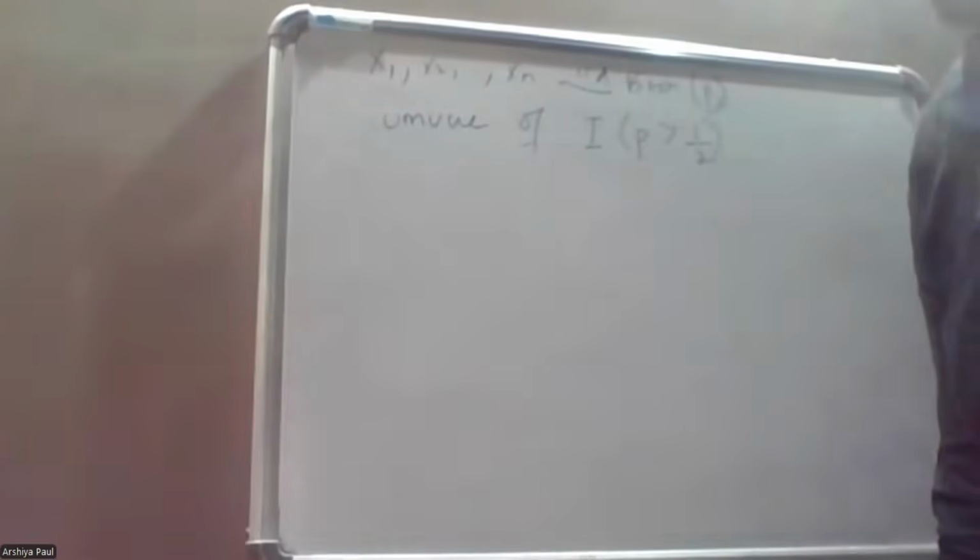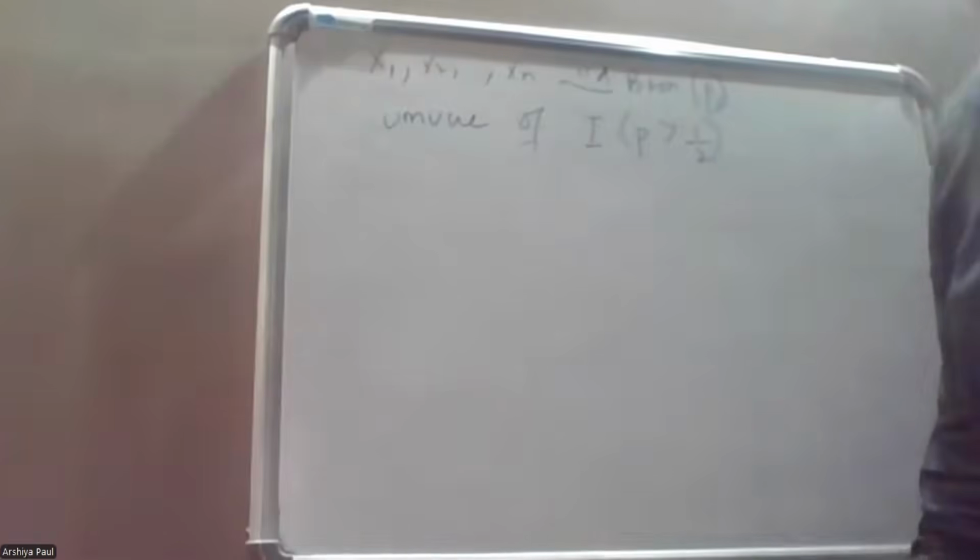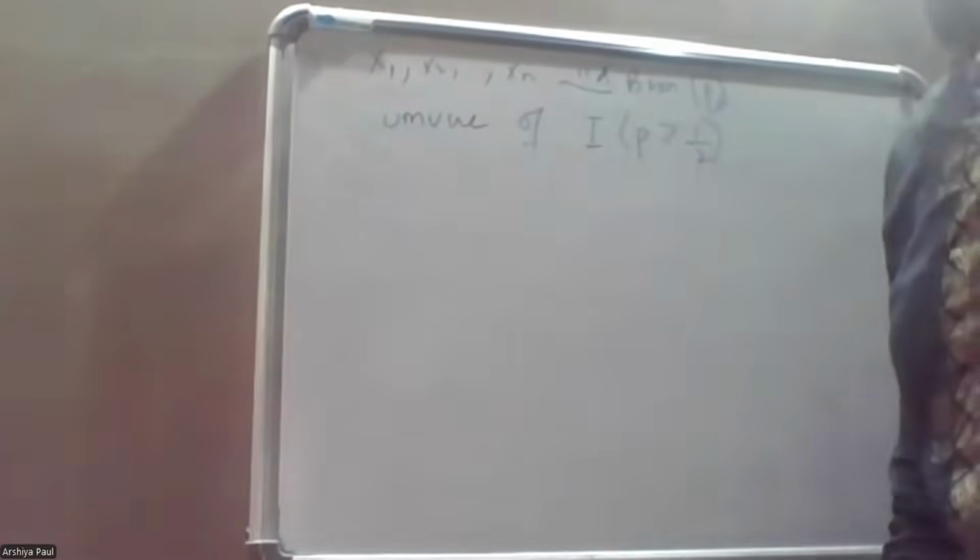What is the specific property that gives us the uniqueness of the UMVUE if you use a complete sufficient statistic?